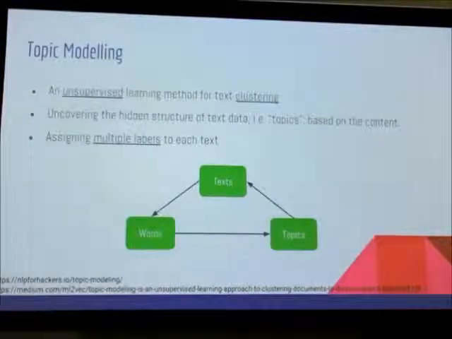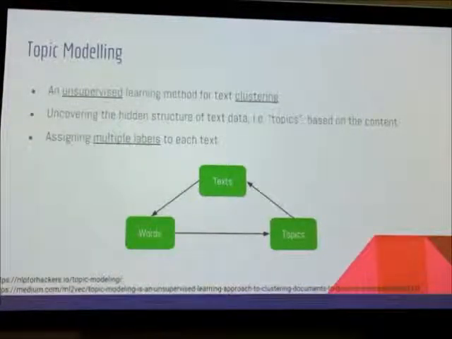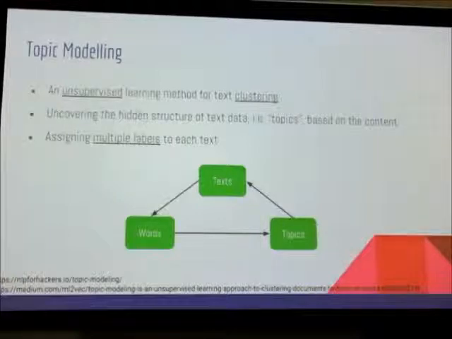Different from k-means or DBSCAN, topic modeling can assign multiple labels to a single document. So it's not only A or B, but it can be A, B, or both A and B, with different percentages.